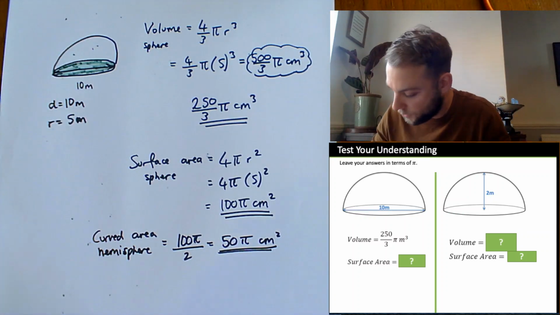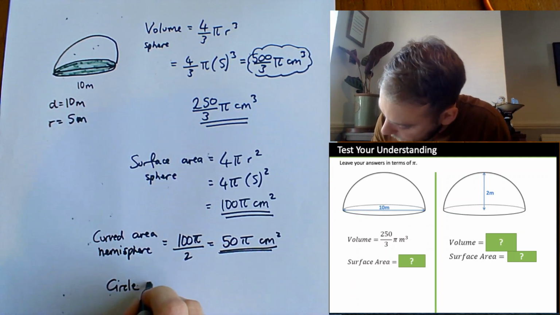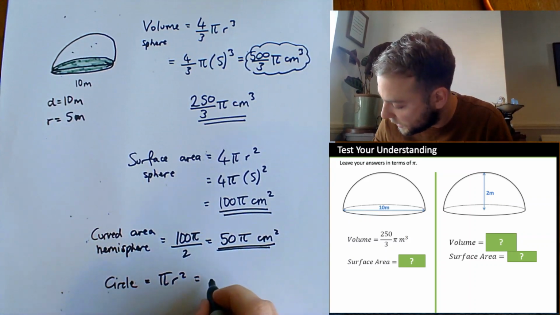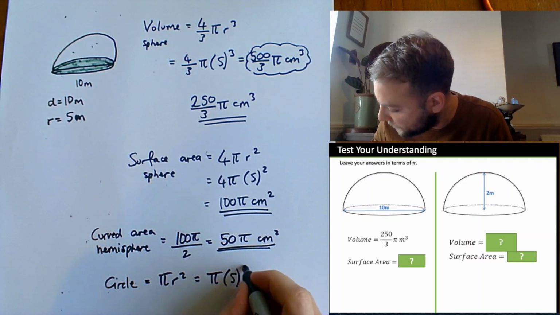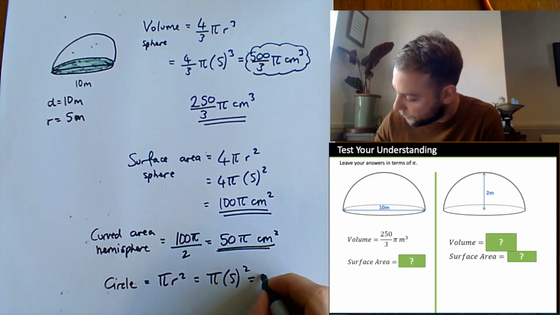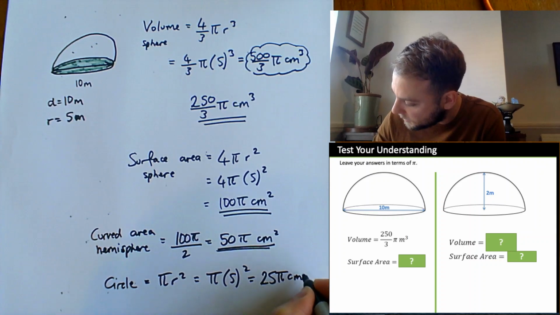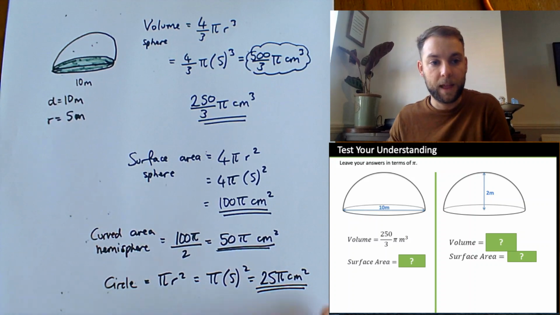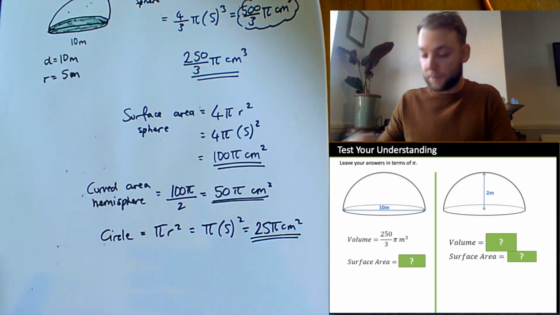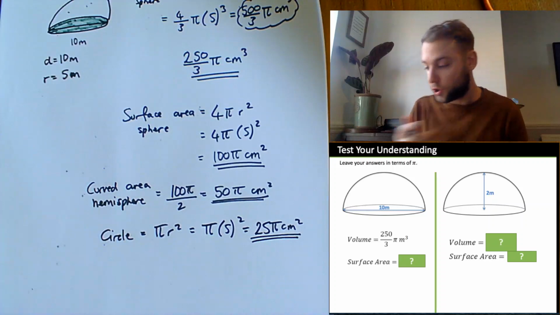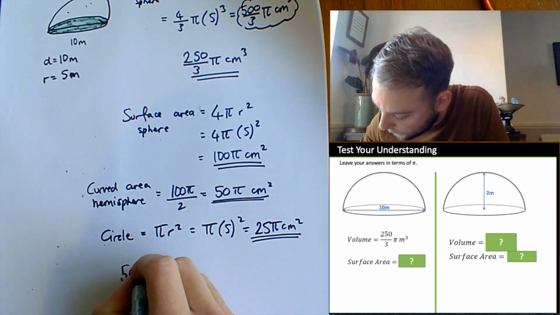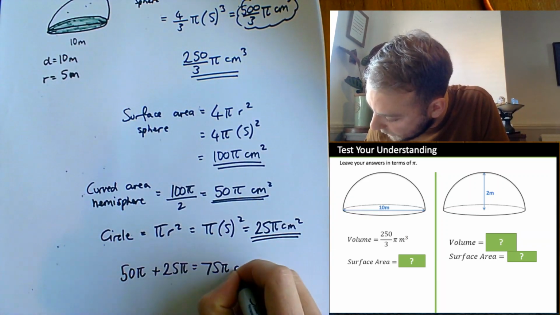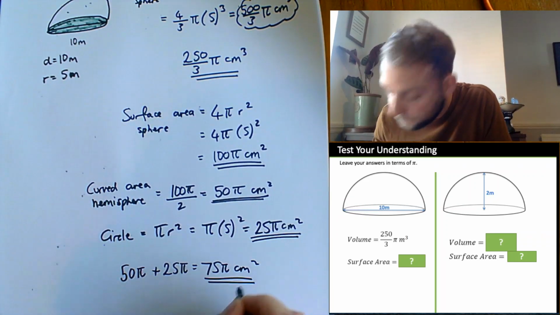The circle is equal to pi r squared, that's the formula for the area of a circle. So this is equal to pi times 5 squared, which is equal to 25 pi centimetres squared. So now, if I want the full surface area, it's going to be the curved part of that hemisphere plus the circle on the bottom, which is equal to 50 pi plus the 25 pi, which is equal to 75 pi centimetres squared.